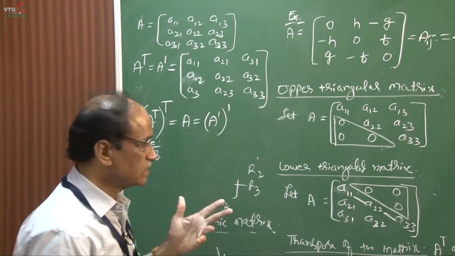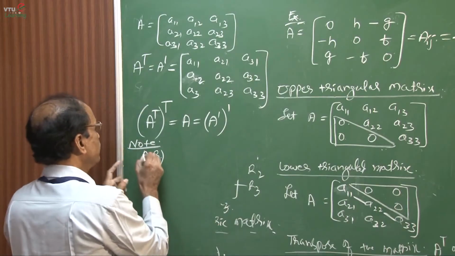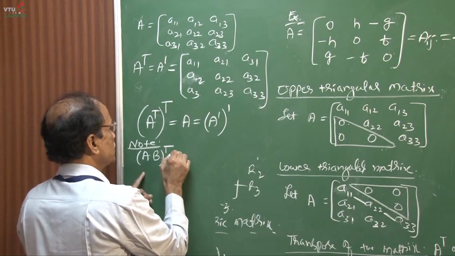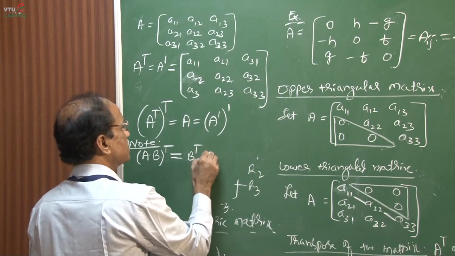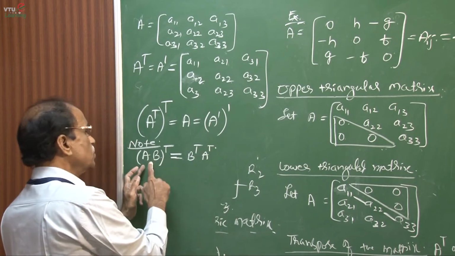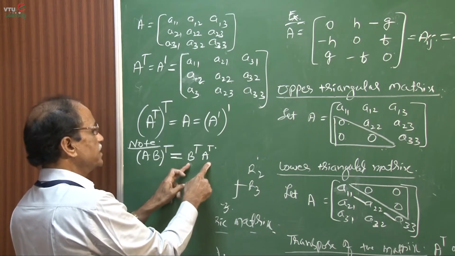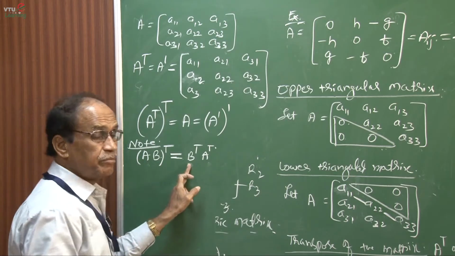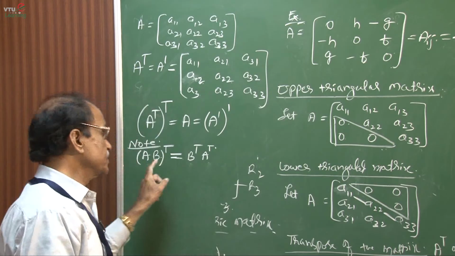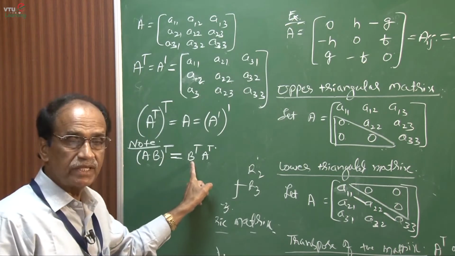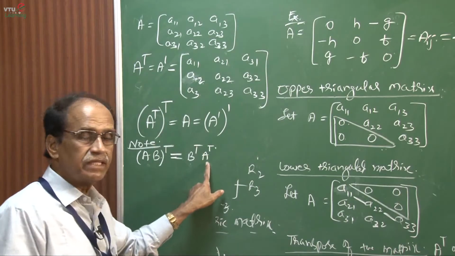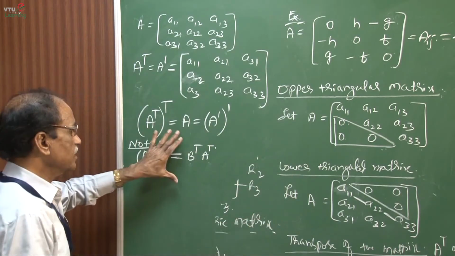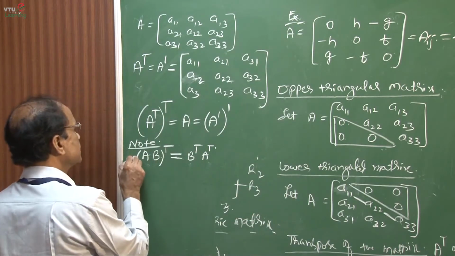A into B whole to the power transpose is equal to B transpose first and then A transpose. It is not A transpose into B transpose. It is B transpose first. That means the second matrix will come as the first matrix with the transpose, and the first matrix will go as the second matrix with the transpose. So this is the property.